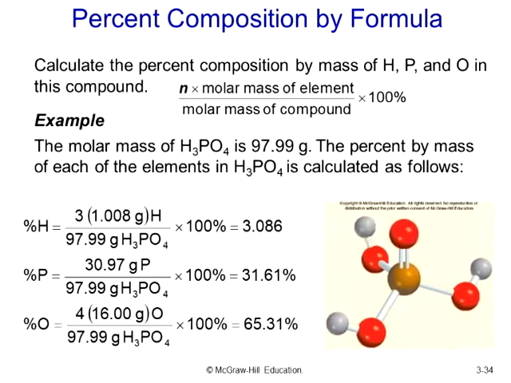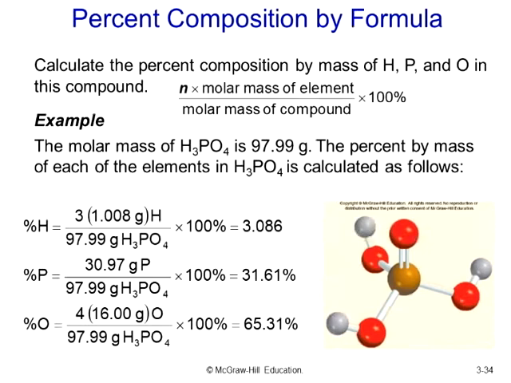Let's just walk through one more example. Here, we have phosphoric acid, and we want to calculate the composition of hydrogen, phosphorus, and oxygen. We would do the same thing as we did in the previous example.